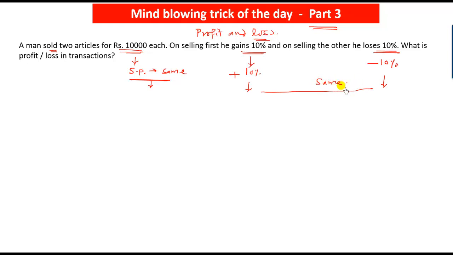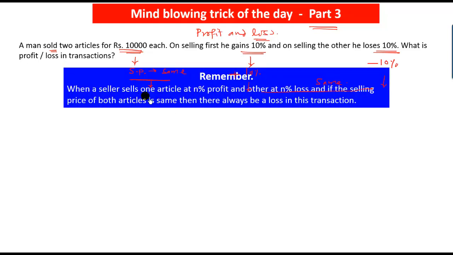So remember this rule, that when a seller sells one article at n% profit and the other at n% loss, and if the selling price of both articles is same, then there will always be a loss in this transaction.